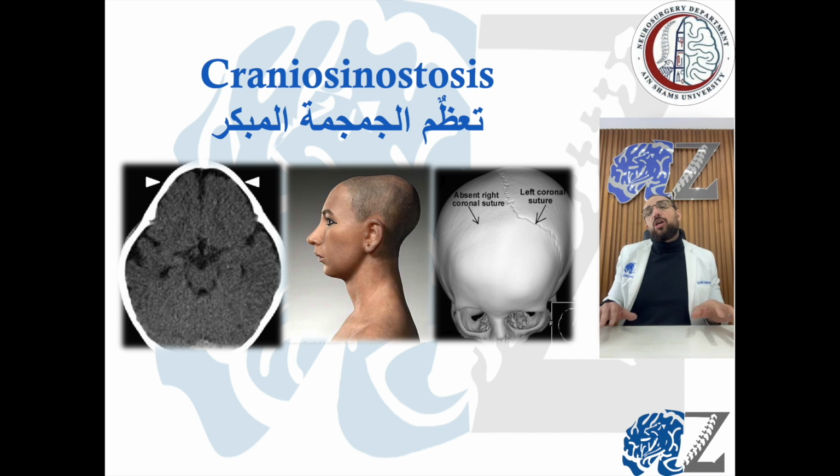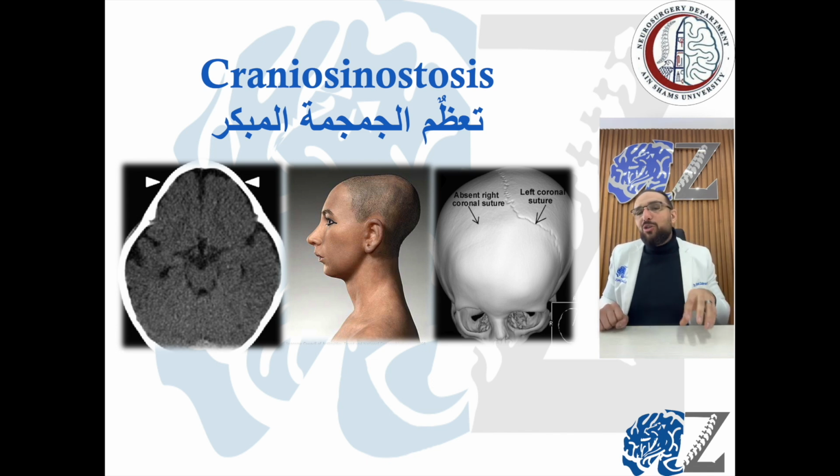Today, we're going to talk about a very important topic, which is craniosynostosis, in which these sutures prematurely close. And when the sutures close prematurely, two things could happen. The first is that the brain may not be able to develop normally, as the circumference of the skull is not increasing.